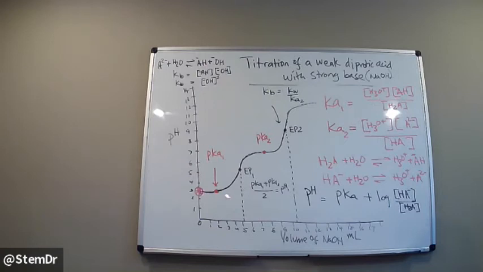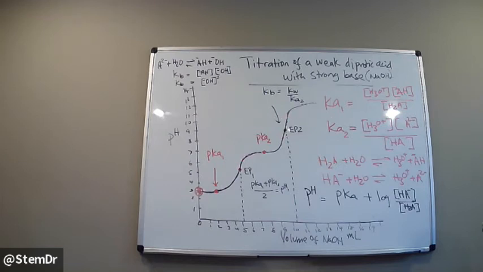But from now on, these are experimentally determined points. That means the pH is measured as you are adding your sodium hydroxide. As you add more and more of the base to the weak acid, there is a pH change, which is described by this curve.